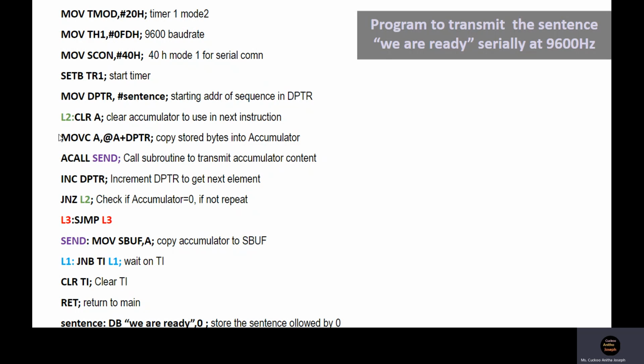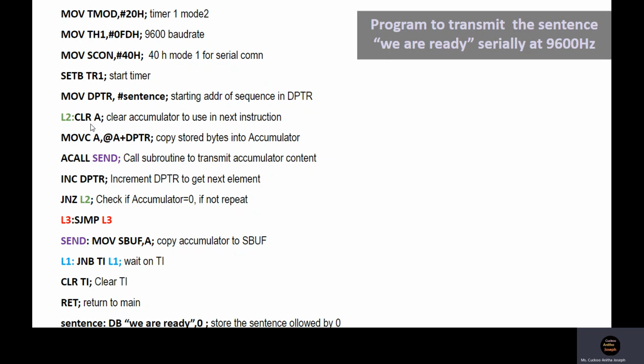When we execute the MOVC instruction, the accumulator content should be 0 so that the content of the data pointer will point to the correct data. So we have now incremented the data pointer and it now contains the address of the letter E. And A should be 0 so that the sum of A plus DPTR points to E.